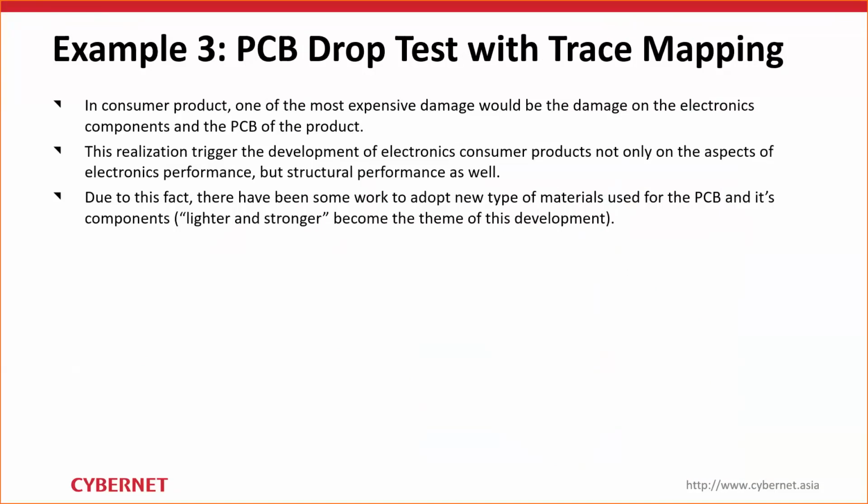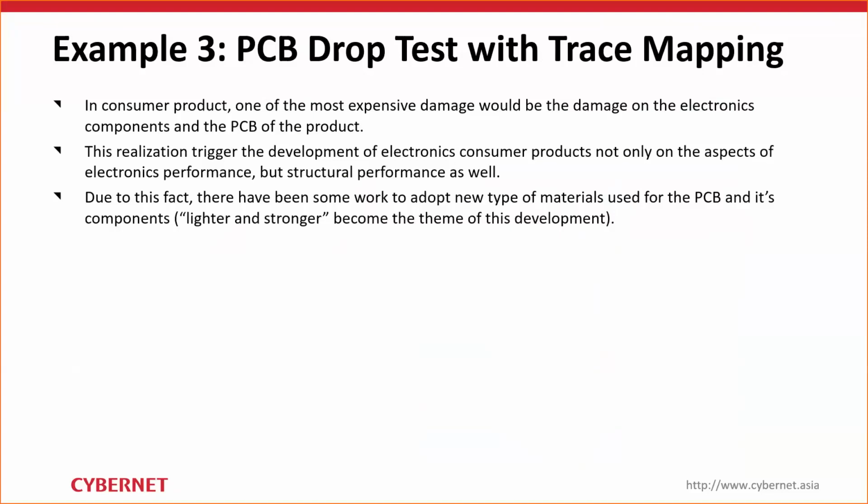Essentially, this kind of realization triggers the development of electronics consumer products, not only on the aspect of the electronic performances, but also the structural performances as well. Due to this fact, there have been some work done to adopt new types of material used for the PCB and its components.